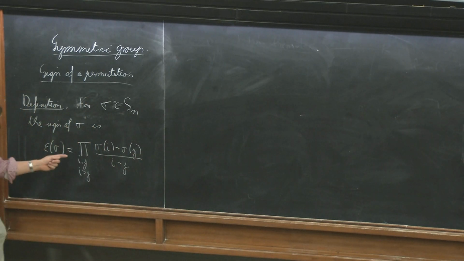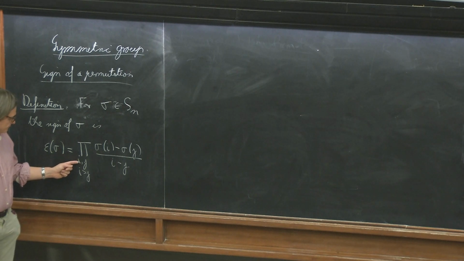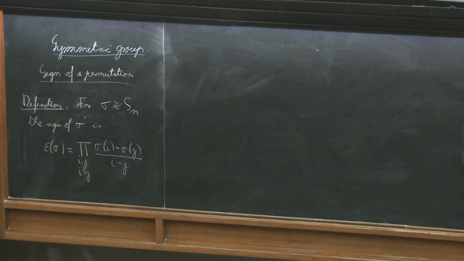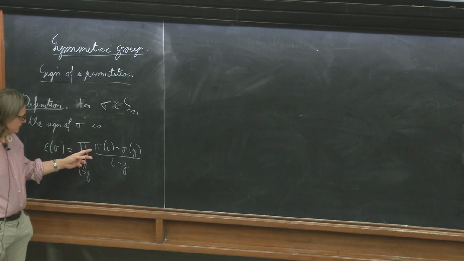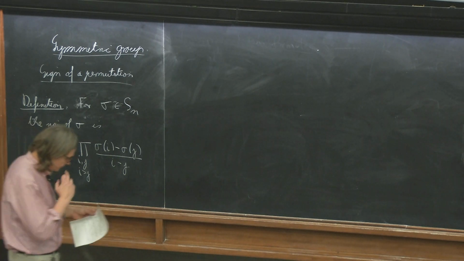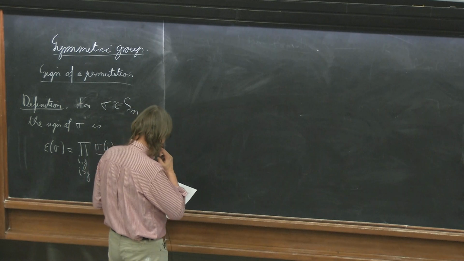So this means it's over all pairs of numbers from 1 to n such that the first one is bigger than the second. Now, this looks a little bit crazy because it doesn't even look like it has to be an integer, and I tell you it's supposed to be a sign. But anyway, let's check.